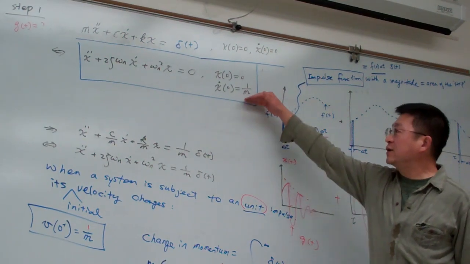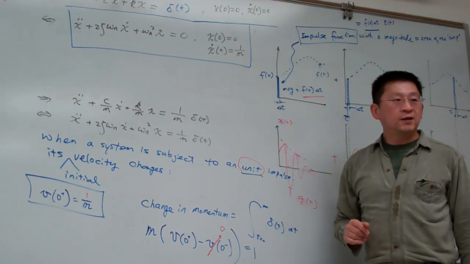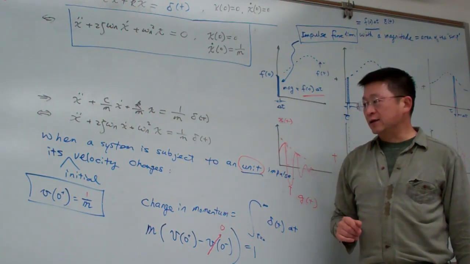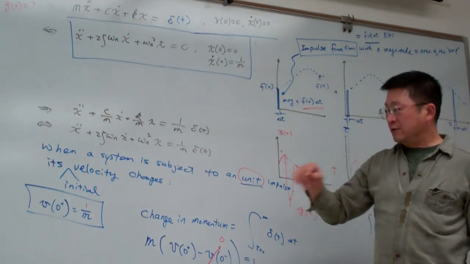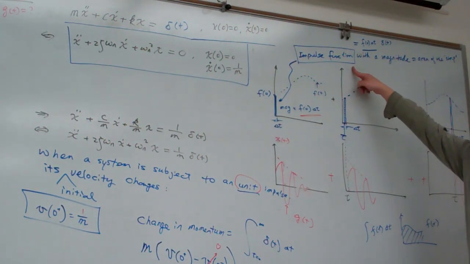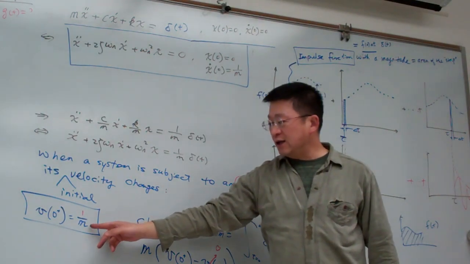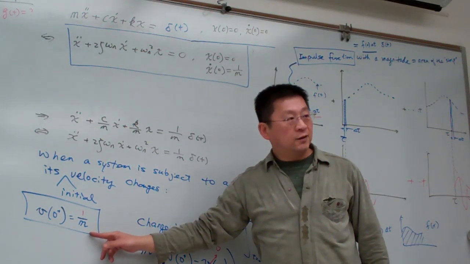To this step, we have imposed a few more concepts on you. The first one is the introduction of the unit impulse function, and the second one is taking up the dynamics. Okay.